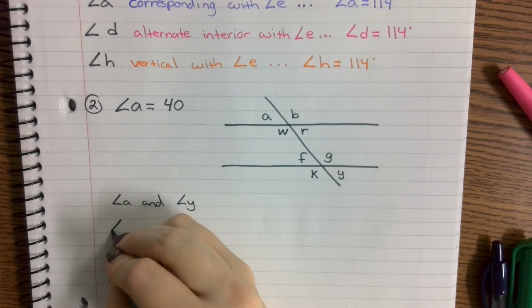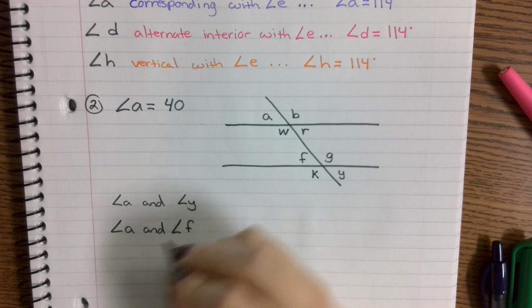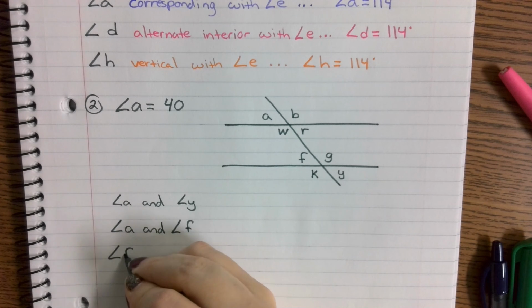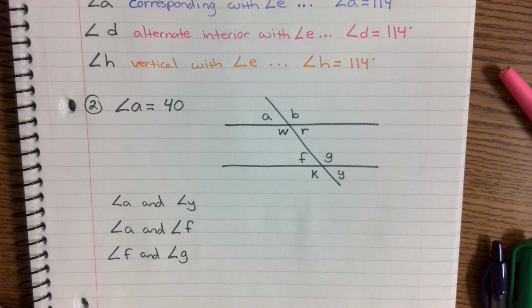What's the relationship for angle A and angle F? And then tell me the relationship for angle F and angle G, and what do they both equal?